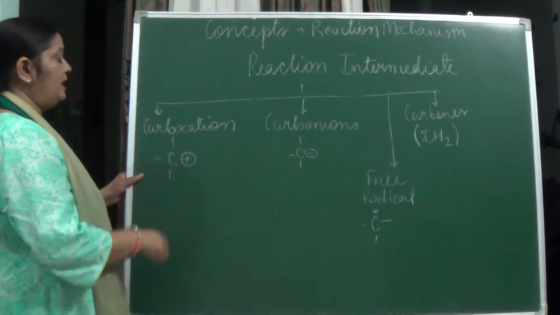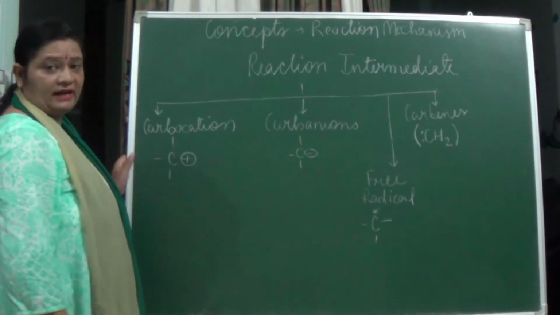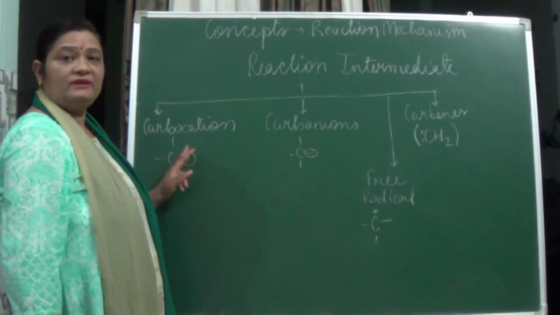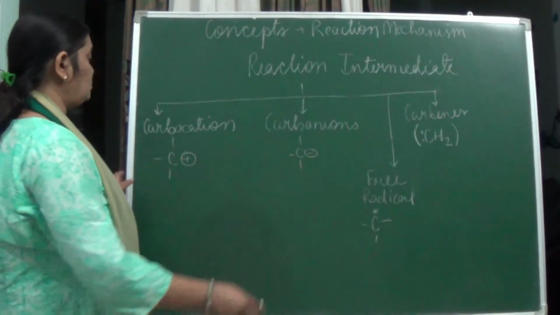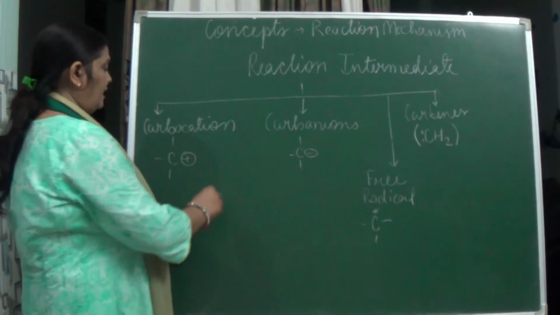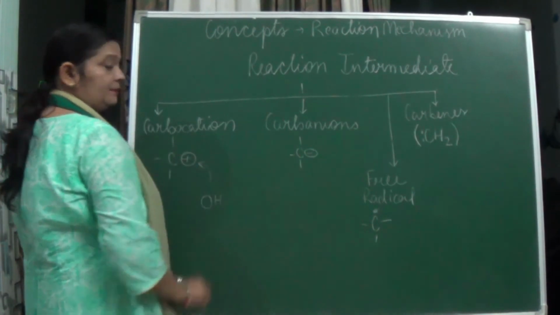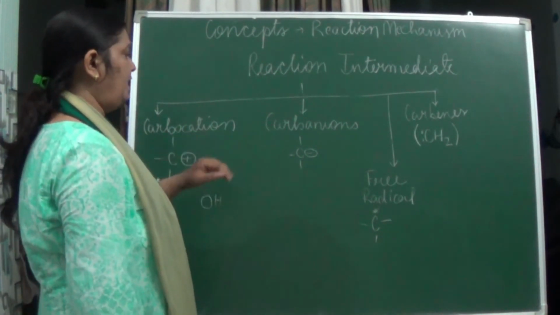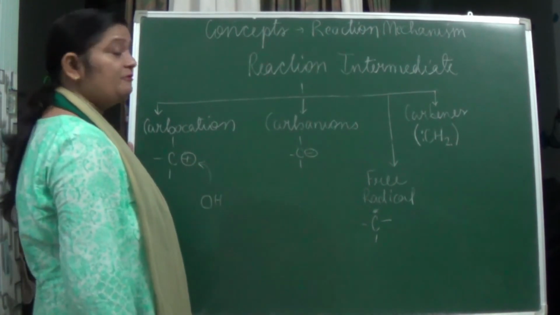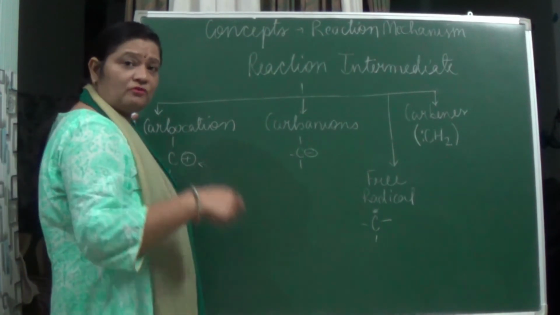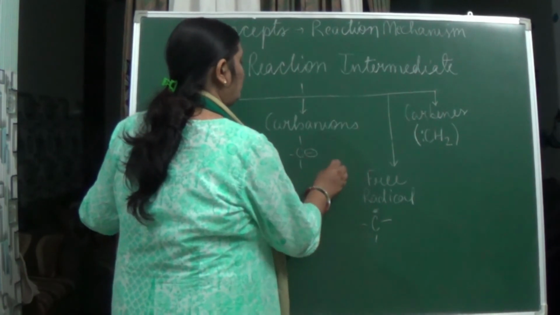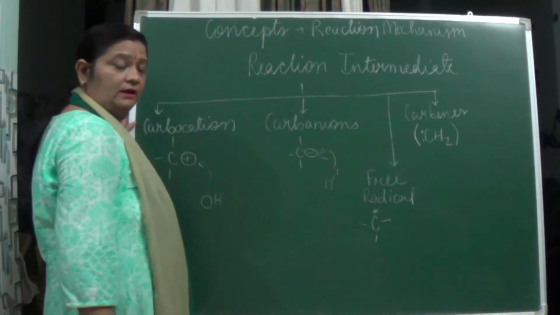Like if a carbocation is formed, naturally some nucleophile will try to attach towards it. Suppose you take any nucleophile like OH, it will get attached to this carbon. Likewise, if I take carbanions, negatively charged carbon atoms, any electrophile can attach to it, like H plus ions, which can come and attach over here, isn't it?